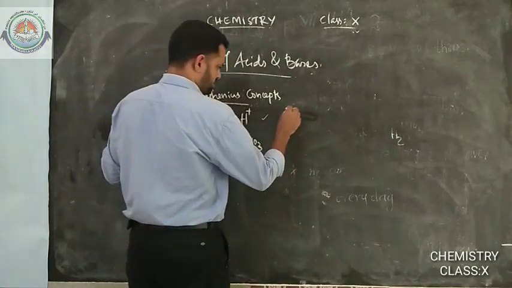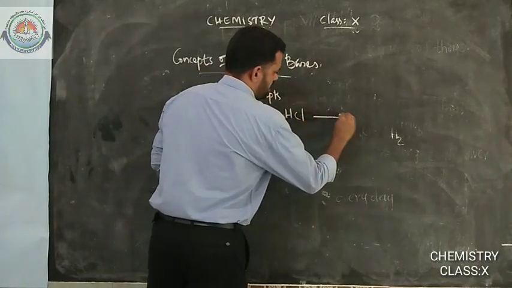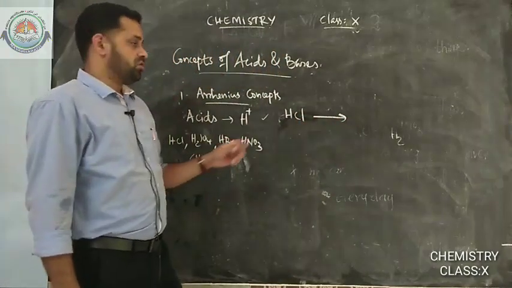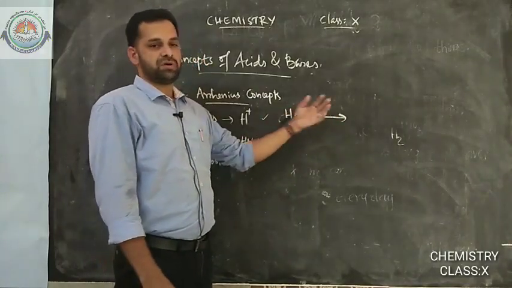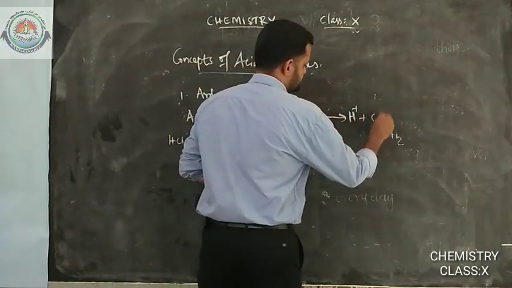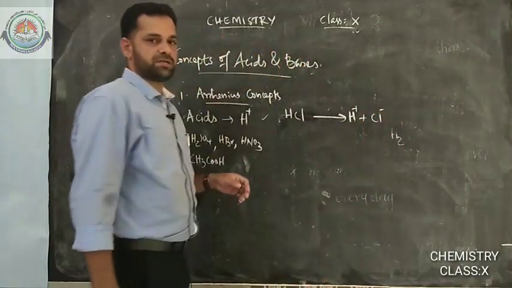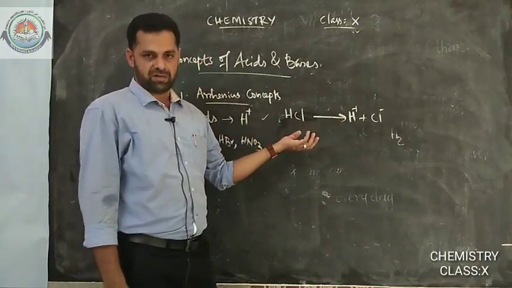For example, let's take hydrochloric acid, which on ionization, when we split it into ions, produces H plus and Cl minus ions, isn't it? This dissociation is taking place in presence of water.